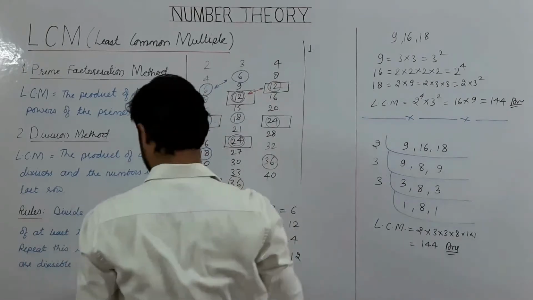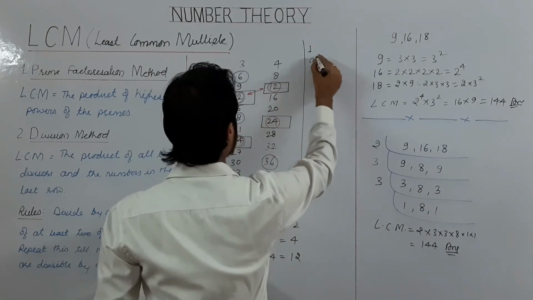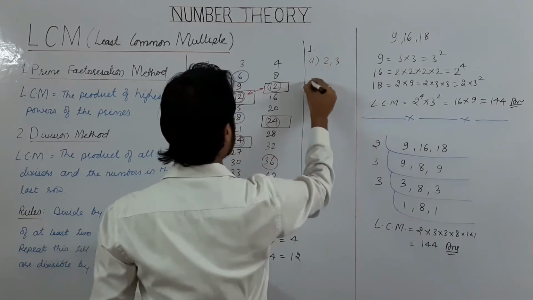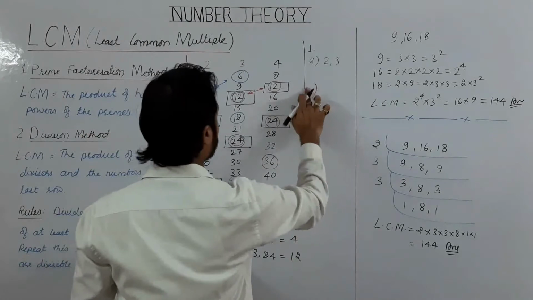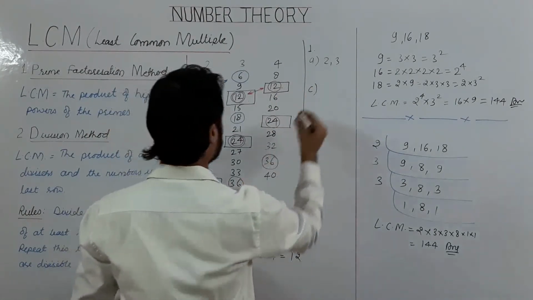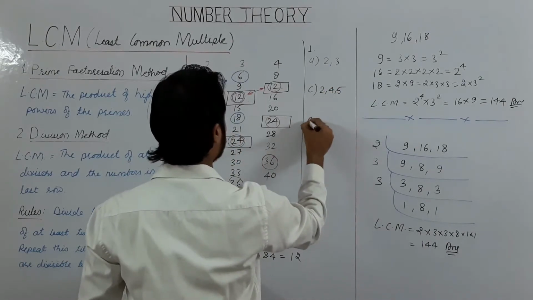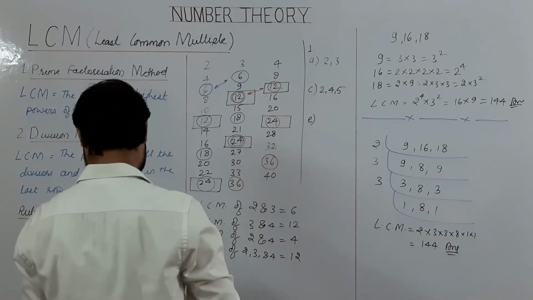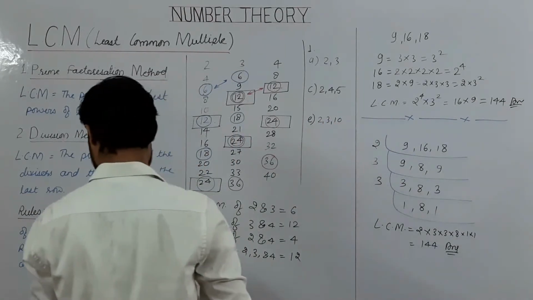Question number 1, part A, numbers are 2 and 3. We'll solve C, 2, 4 and 5. Then E, 2, 3 and 10.